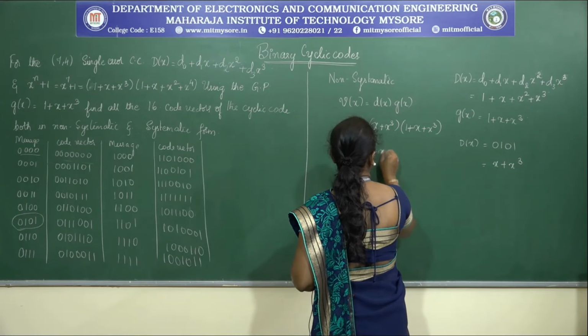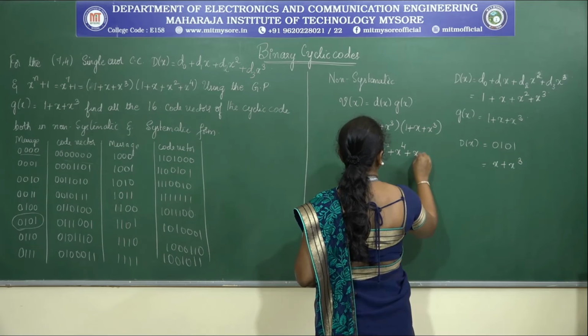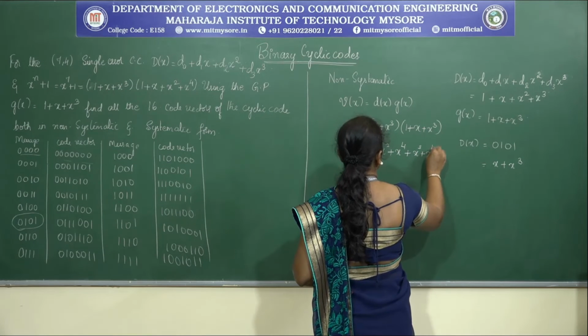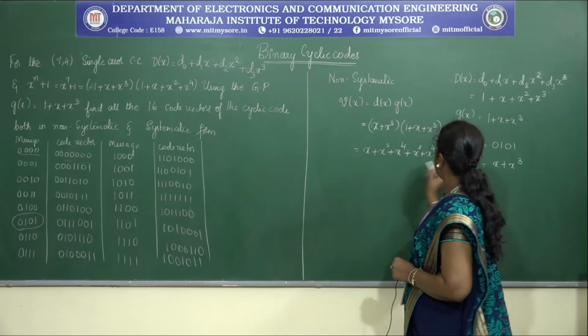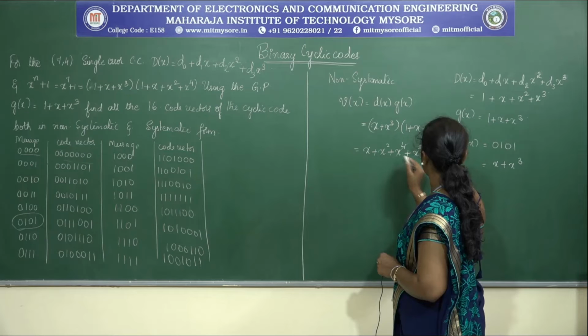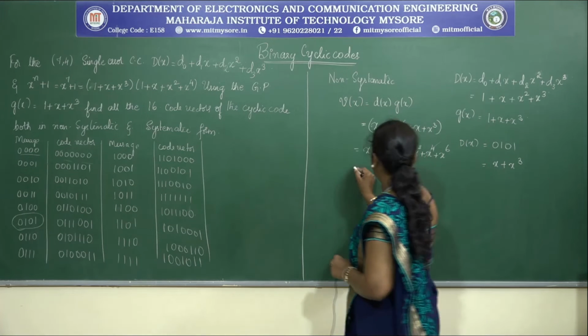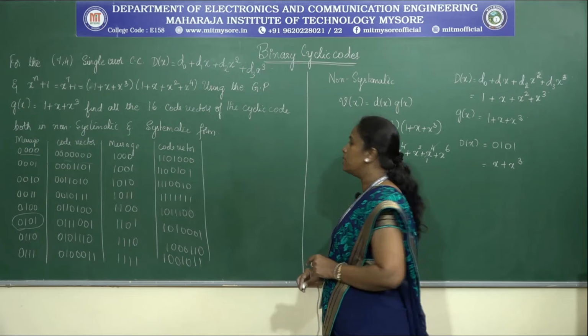You will get x plus x square plus x to the power of 4 plus x to the power of 3 plus x to the power of 4 plus x to the power of 6. Since we have these two terms the same, 1 plus 1, that is 1 XORed with 1 is 0.